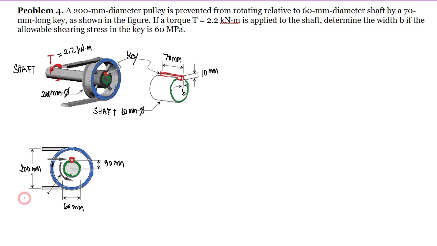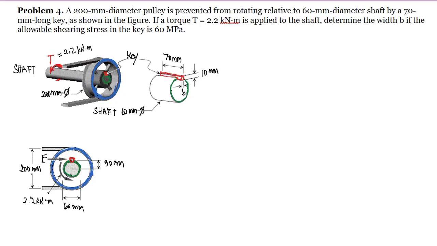So, we have here 2.2 kilonewton meter. And this is the force F. This force F here is the force preventing the shaft from rotating, which is applied here at the key.